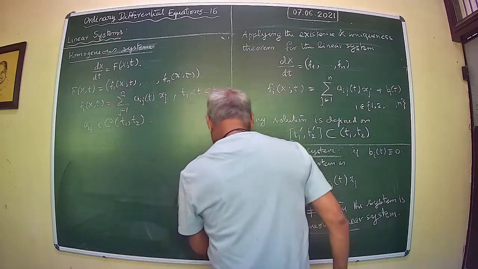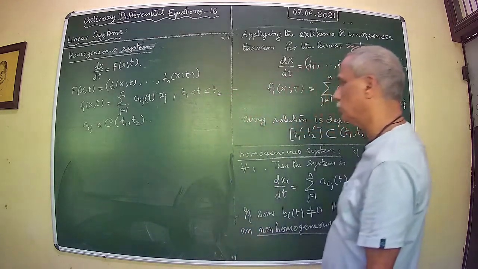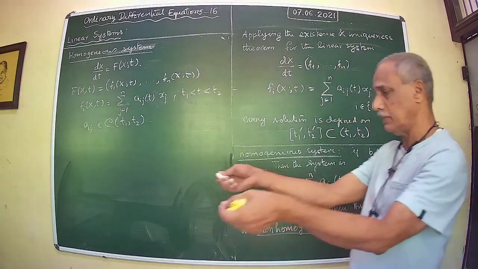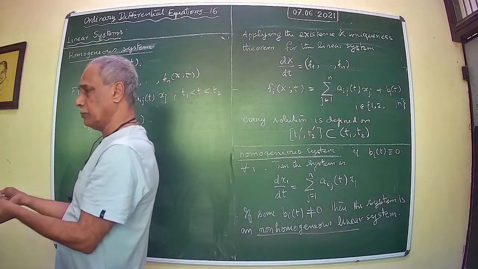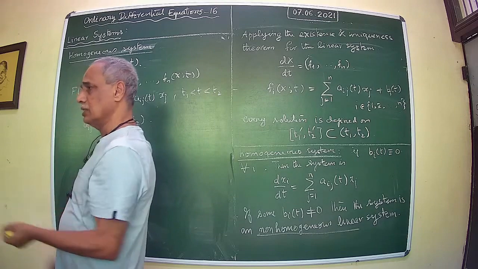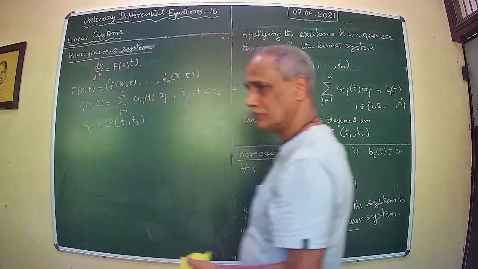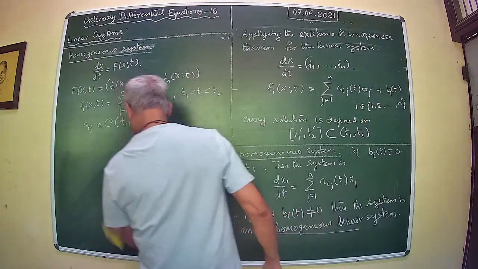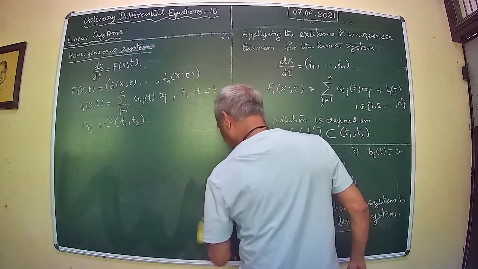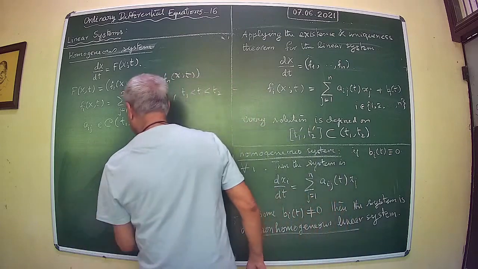Then we have already seen that the solutions are defined on the entire open interval t1 to t2, because if you take any compact subinterval of that, it is defined on that compact interval. So therefore it is defined on the whole interval t1 to t2.